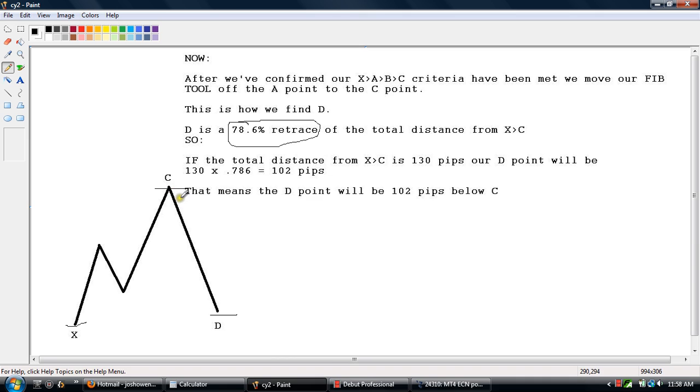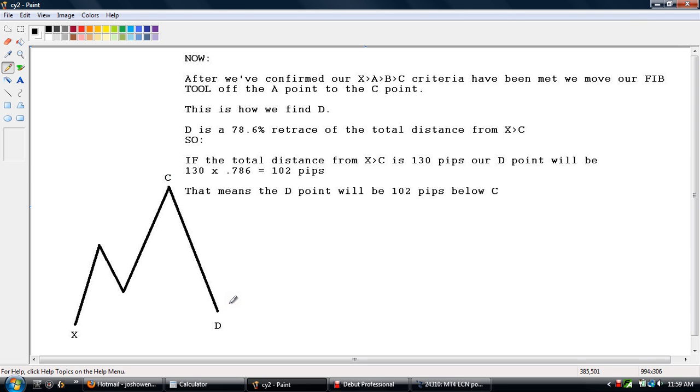Now the way we calculate that is 130 pips, which is here to here, times 0.786 or 78.6% of that distance, and if you put it on the calculator, that would be 102 pips back down this direction. Okay, so that distance there is going to be 102 pips. That means the D point will be 102 pips below C.